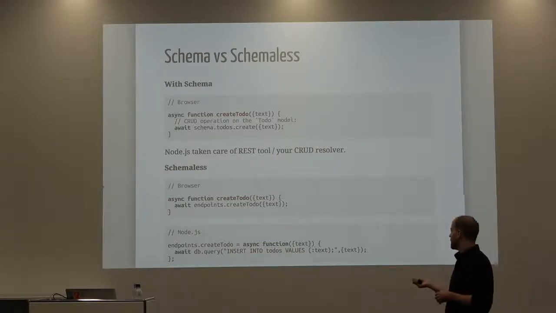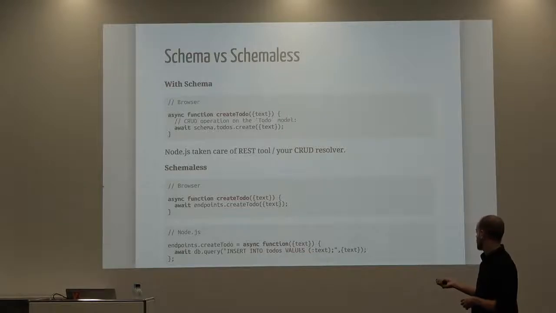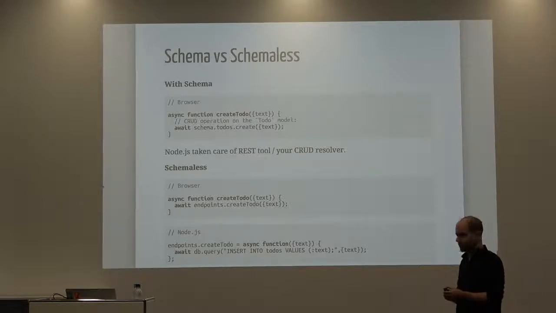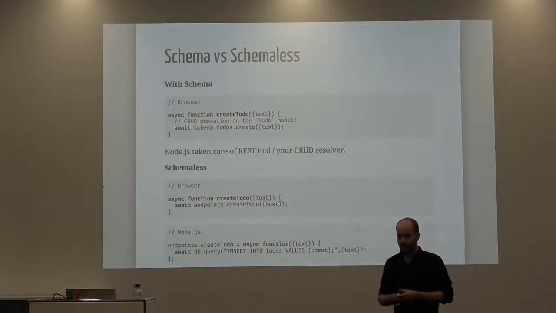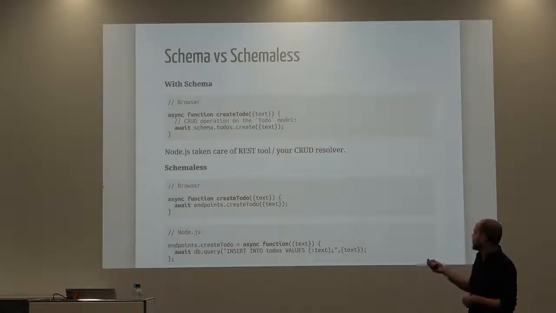So we would add an argument here, text, and an argument completed, and we would change the SQL query to set the column completed. And here we would just add a completed argument, and that's it.